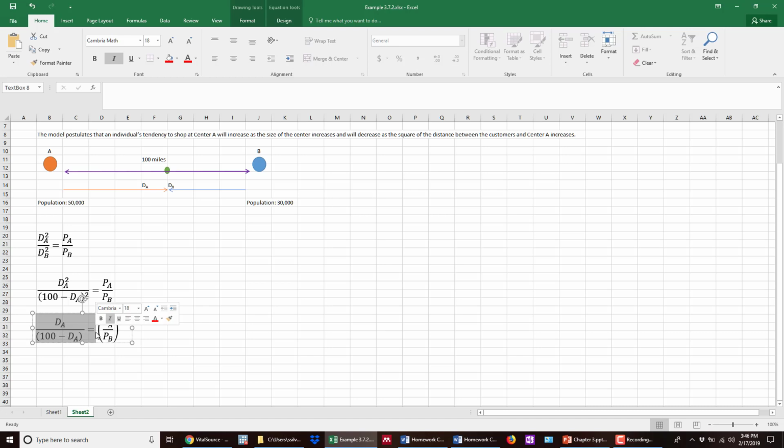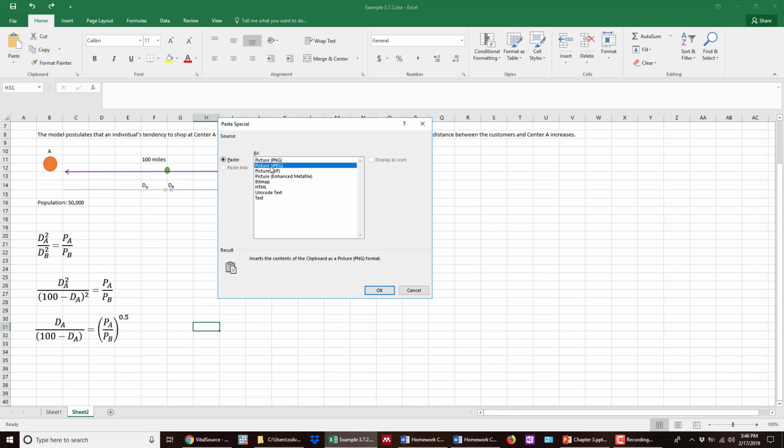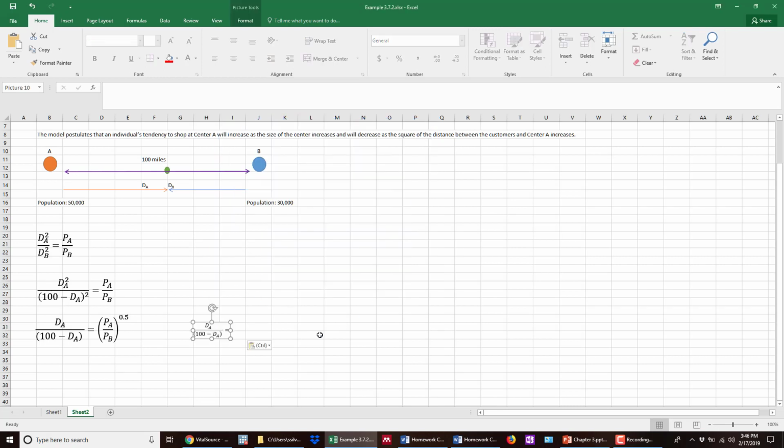Let me copy this. Okay, that is going to be equal to population in A divided by the population in B, and I'm going to take the square root of both sides. We can pass the denominator to the other side.